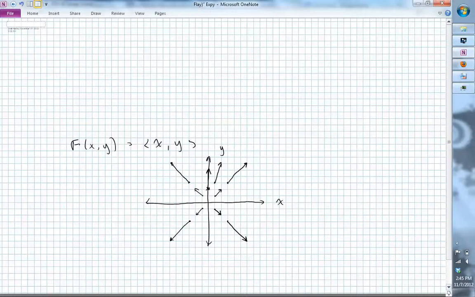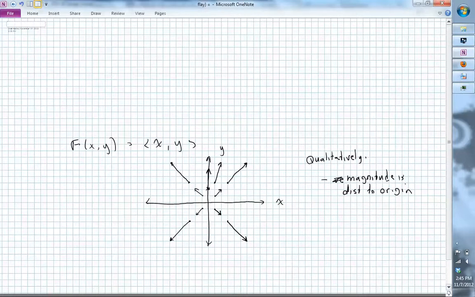What are some qualitative features of this thing? Go further out. So yeah, the magnitude of the vector is the same as the distance to the origin. Good.